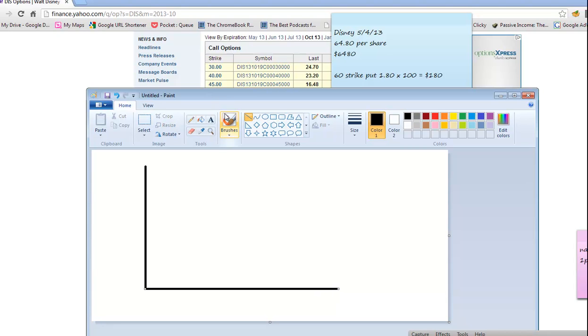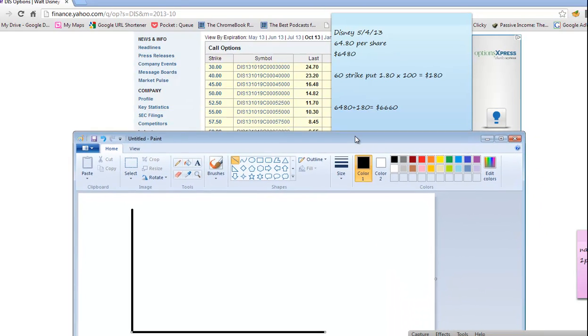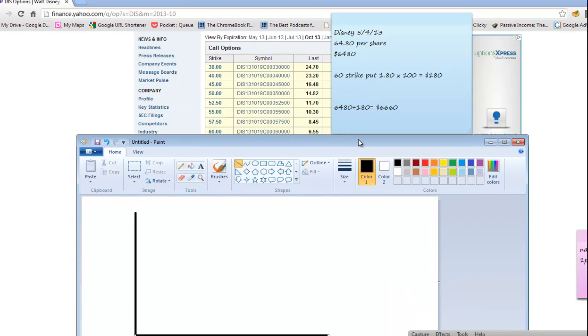Let me see if I remember how to do this. Okay, the risk graph for a put. Alright, so the risk graph for this trade looks like this.